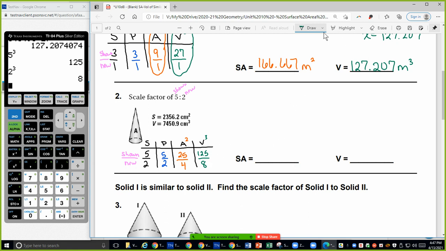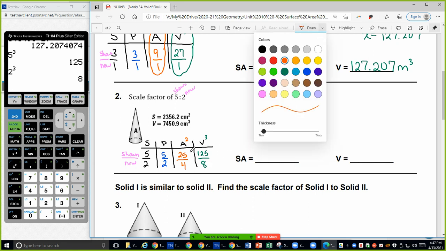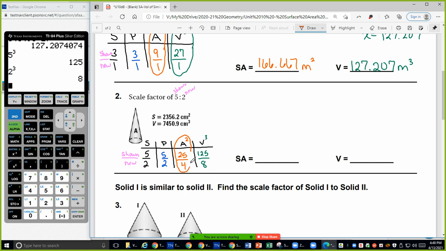All right, so if I'm starting with surface area, my surface areas are going to simplify to 25 over 4. That's my shown to new. My shown surface area is 2,356.2 over my new I'm trying to find.